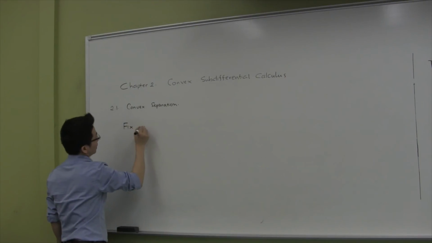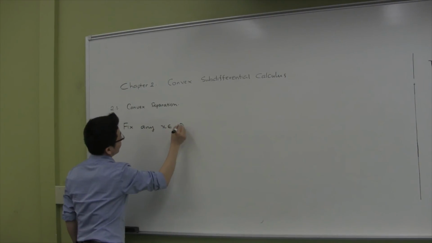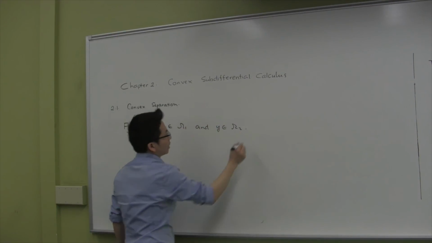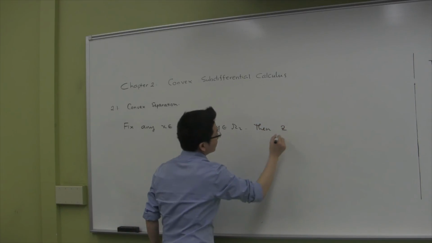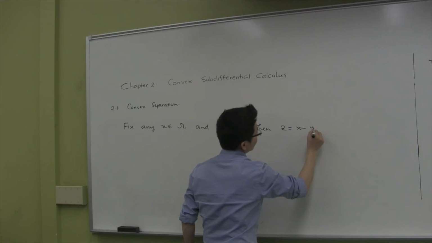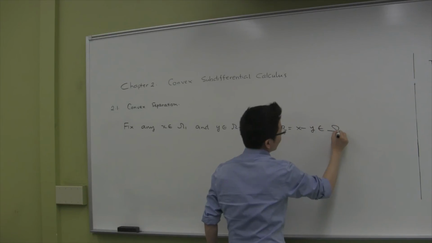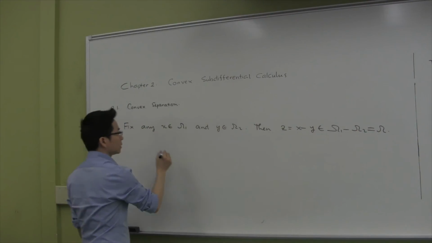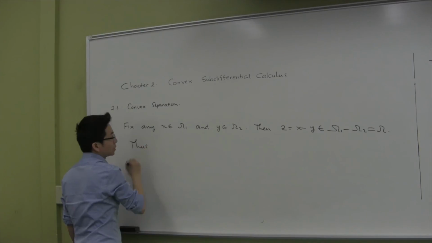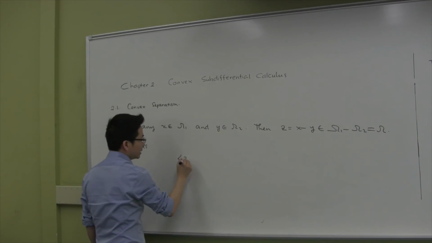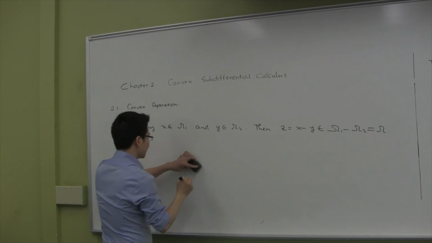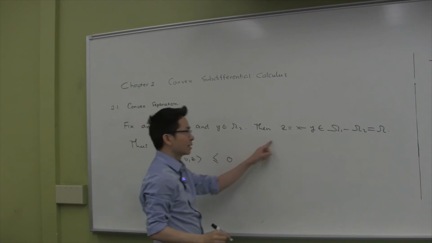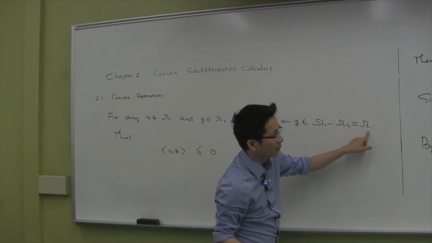Fix any x in omega 1 and y in omega 2. Then the element G, which is x minus y, belongs to omega 1 minus omega 2, which is omega. Thus, the inner product of V and G is less than or equal to 0 because G is an element of omega.